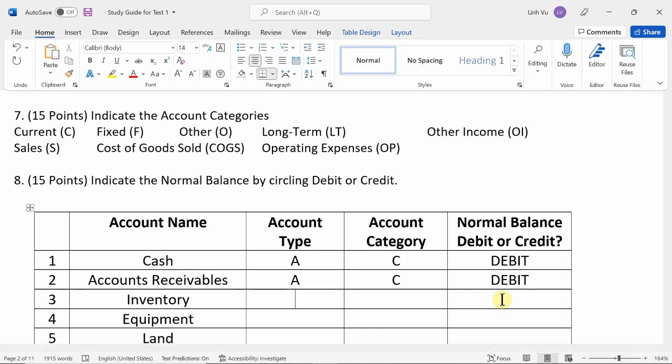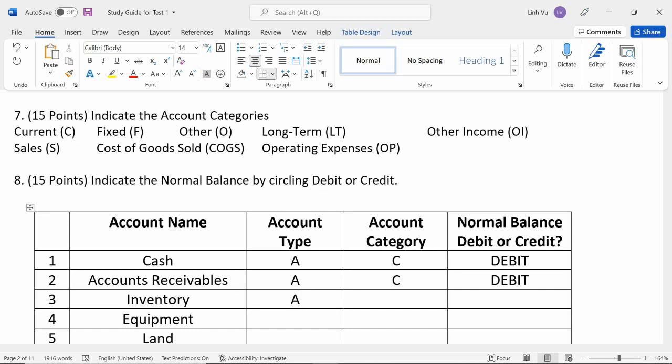If I remember right, it's a fixed asset, isn't it? It's not a fixed asset. Oh, okay. Then it's got to be other. It's not other either, because other has one key feature: it's intangible.